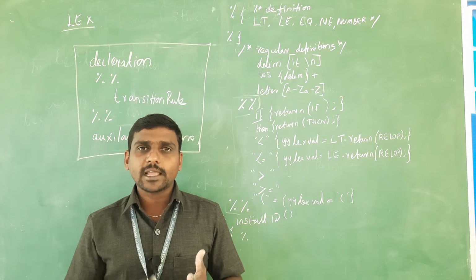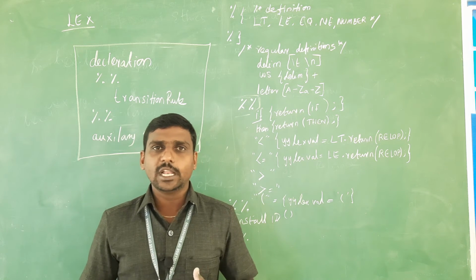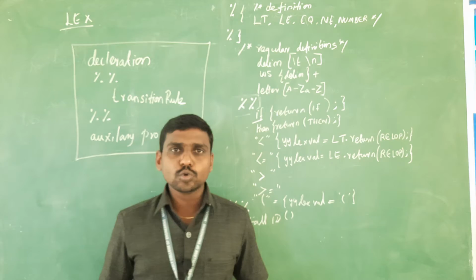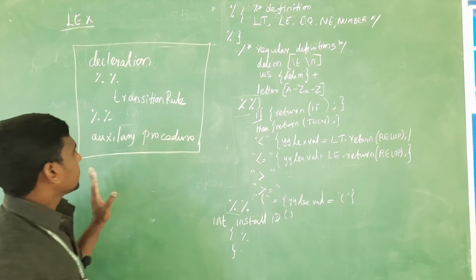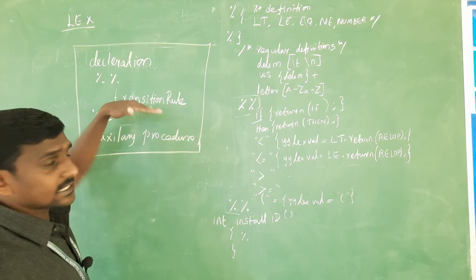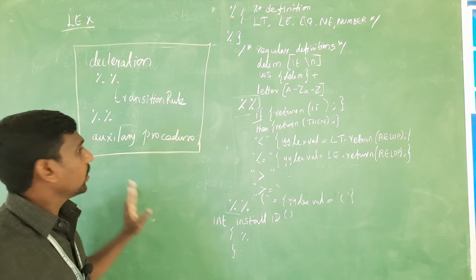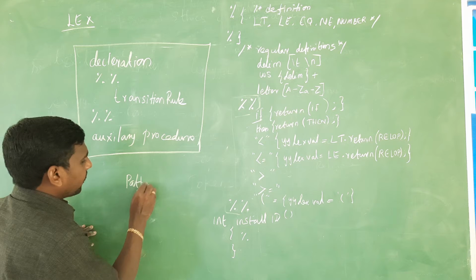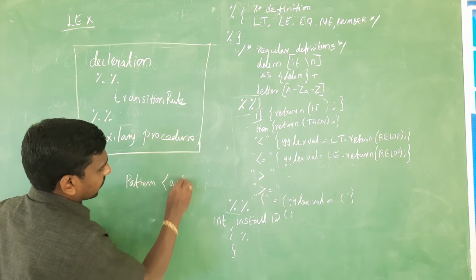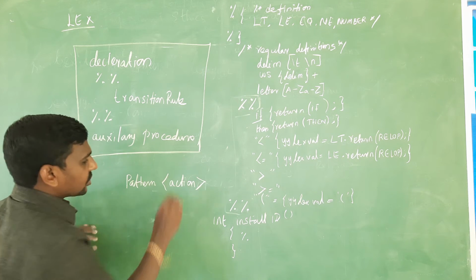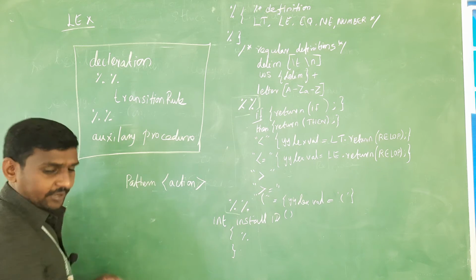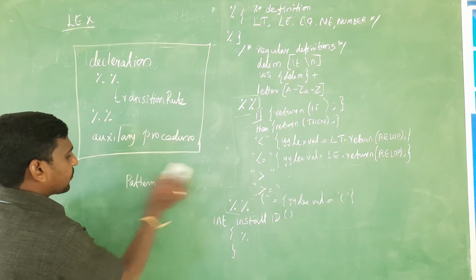After the declaration part, you start with the two delimiter symbol, and the transition rule ends with the two delimiter symbol. Okay, right? This is the syntax for the Lex tool, and the transition rule consists of pattern action. This is the format of the transition rule. Pattern action. I will teach you when I explain with the example.